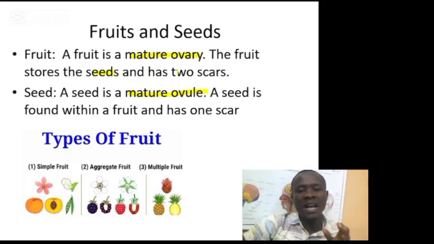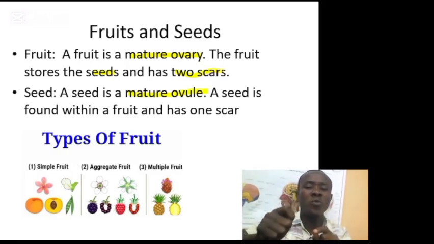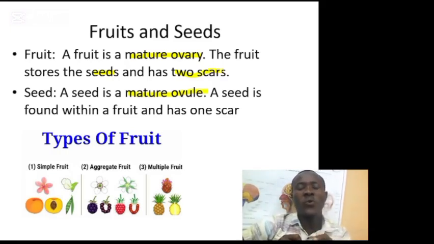And the fruit has two scars. A scar is formed when you remove a part from something. Like when we have a wound, later that wound may have a mark, that mark is what we call a scar. So in fruit, we have two scars. One is formed when you remove the style from it, because that style is connected to the ovary, and the other one is when you remove the receptacle, because that receptacle is also connected to the ovary.